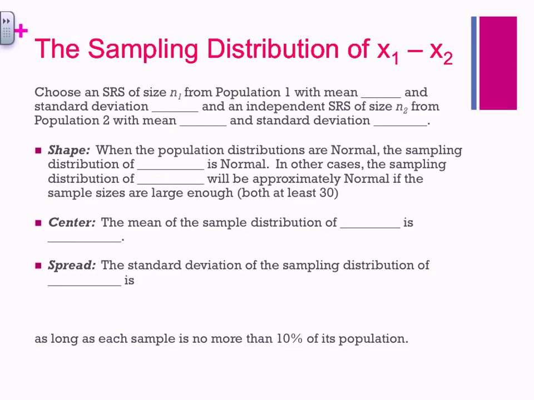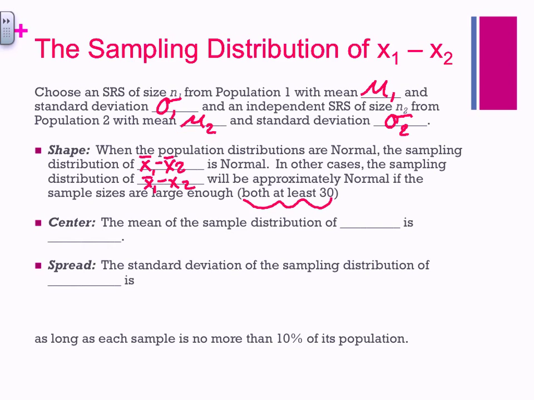So in choosing an SRS of size n1 from population 1 with mean mu1 and standard deviation sigma1, and an independent SRS of size n2 from population 2 with mean mu2 and standard deviation sigma2. The shape: when the population distributions are normal, the sampling distribution of the difference between the means is also normal. In other cases, it will be approximately normal if the sample sizes are large enough, and we use the rule of thumb of about 30.